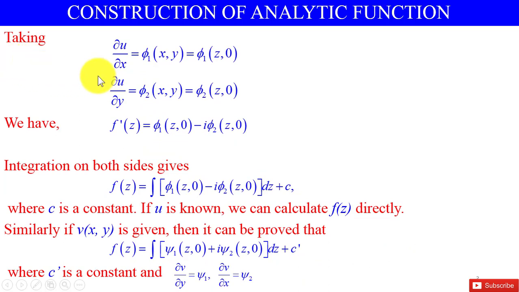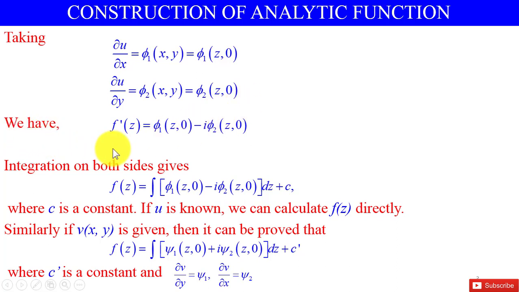Now, taking del u by del x as a function of x and y, phi 1 of (x,y), this is equal to phi 1 of (z, 0), because x is equal to z and y is equal to 0. And del u by del y is equal to phi 2 of (x,y), which is equal to phi 2 of (z, 0).